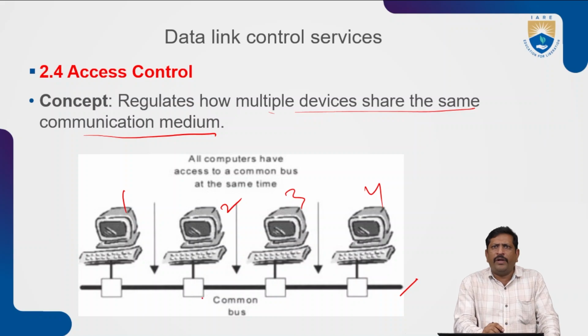With the help of the access control mechanism, this sharing at a time can be controlled. After one device receives, the chance is given to another device to share the resources.